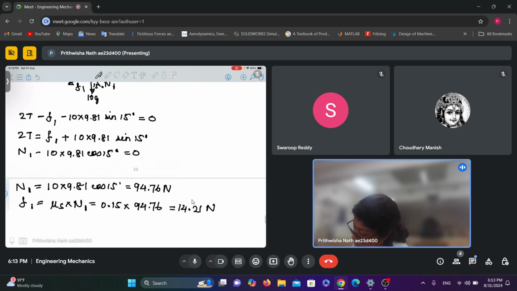Now, from this equation, 2T equals F1 plus 10 into 9.81 sine 15 degrees.